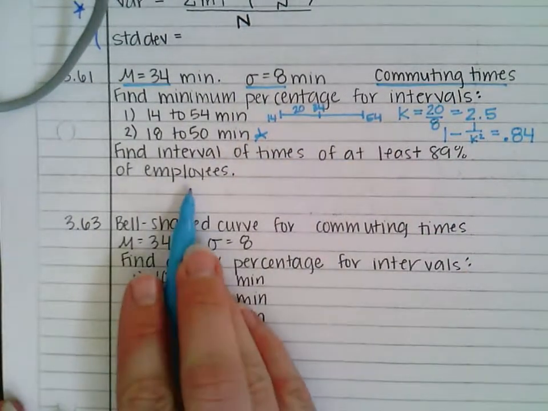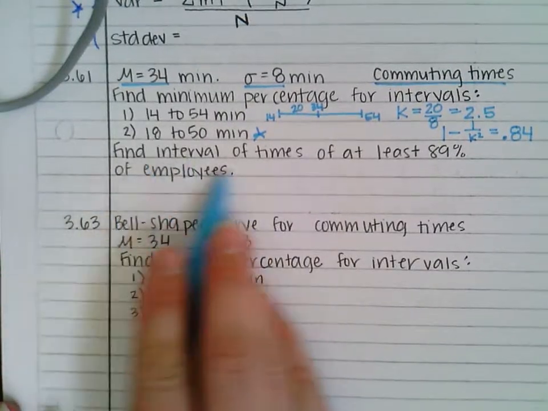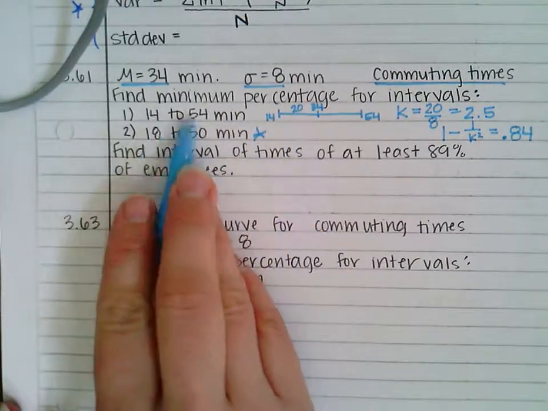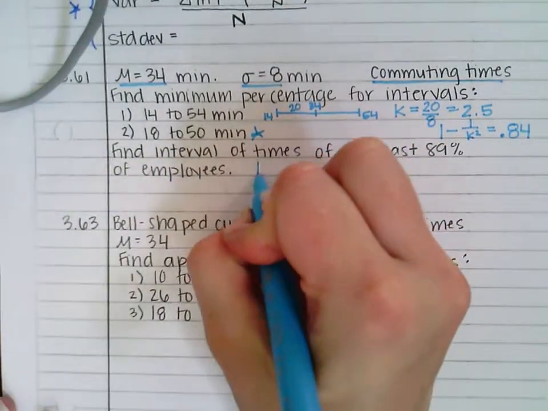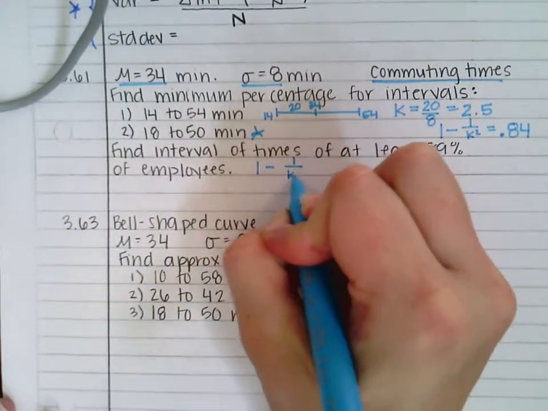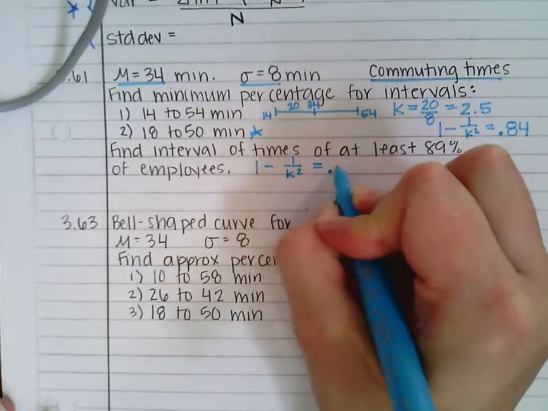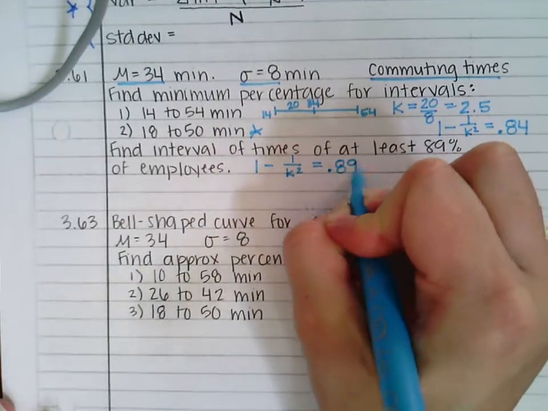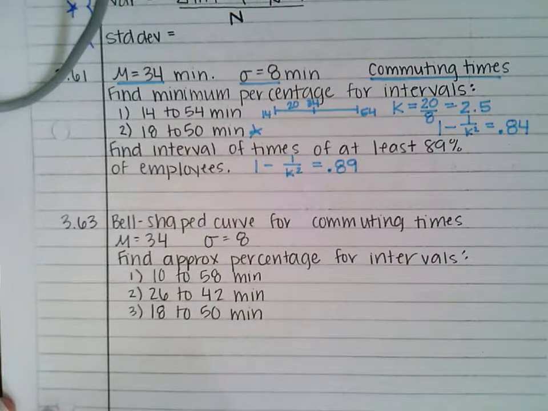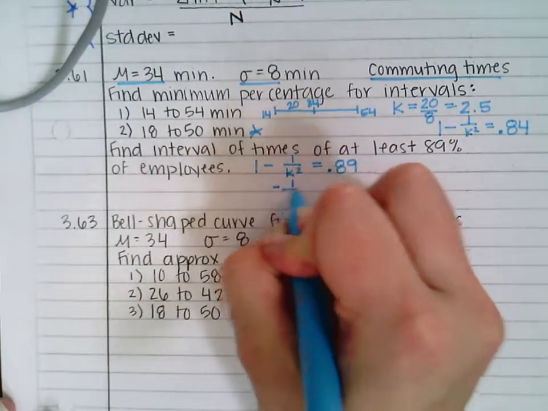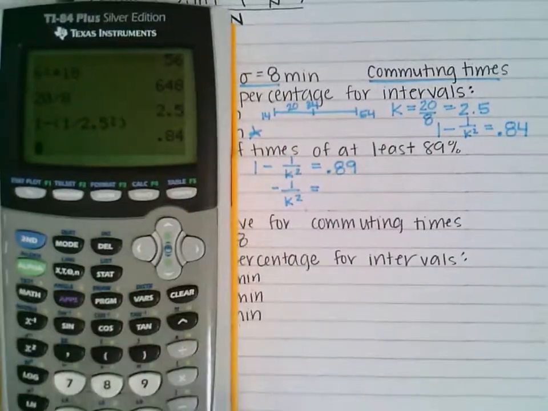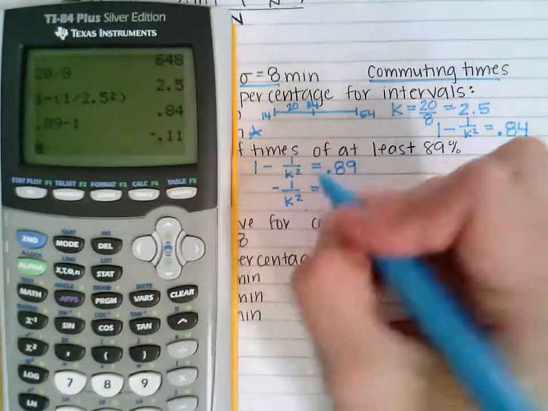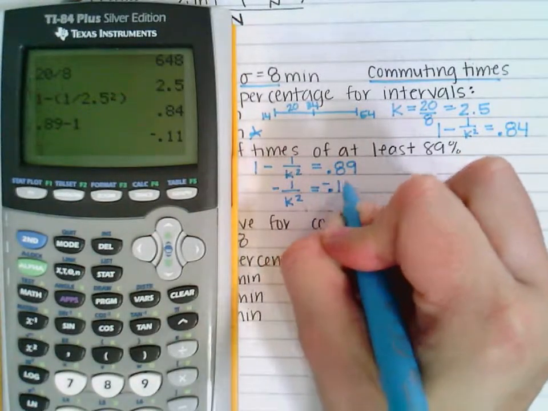Now, if I want to do something similar here, but I want to find the actual interval, I want to find the 18 to 50, then I'm going to let my equation be equal to 0.89. Okay, and I'm going to solve this for K. That's 0.89 minus 1, negative 0.11.